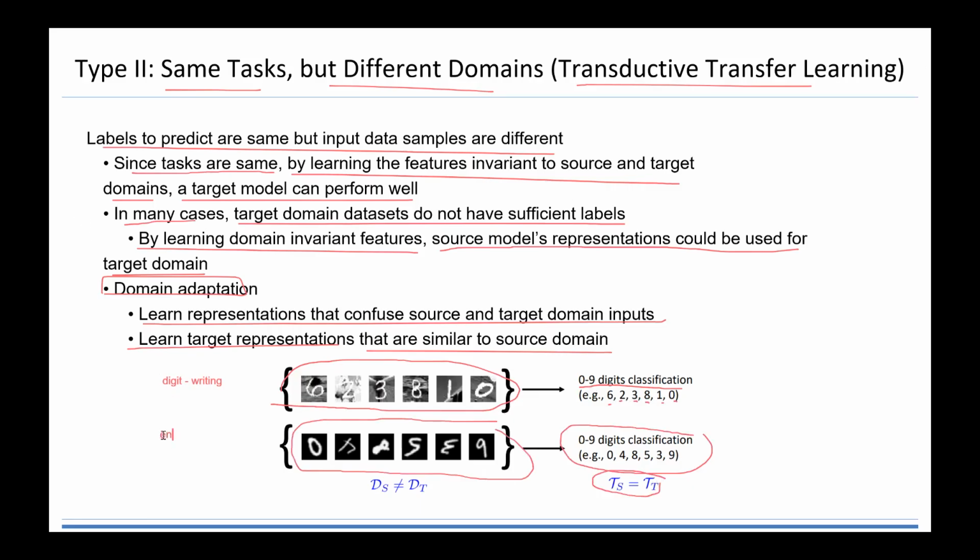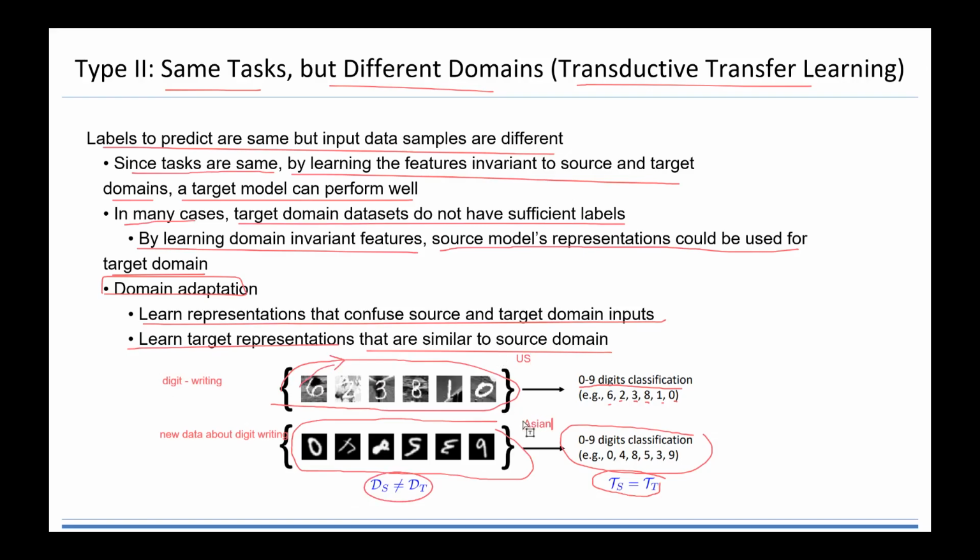I have new data about digit writing, and I want to classify this digit writing. So the domain is not the same, because maybe this is the writing from British people, or US people, and this is the writing from maybe Asian people.